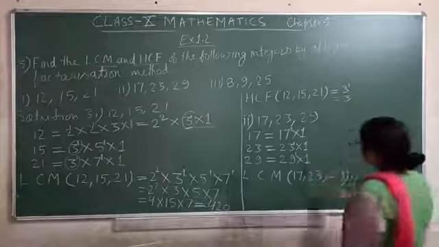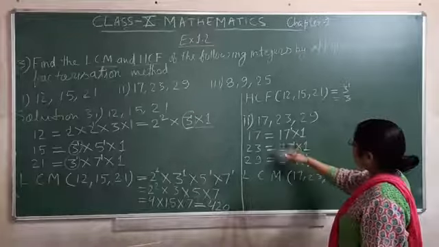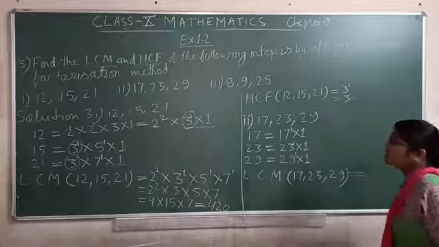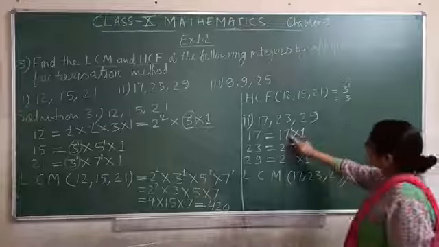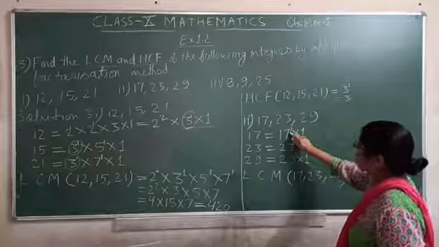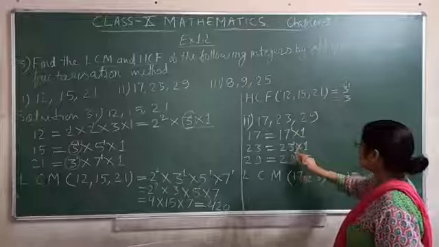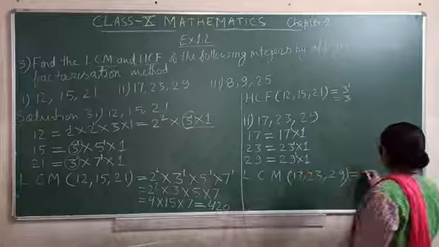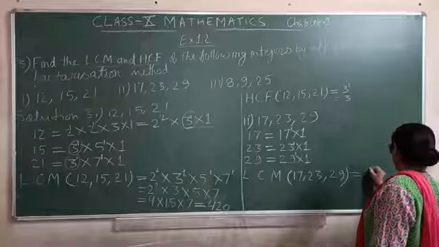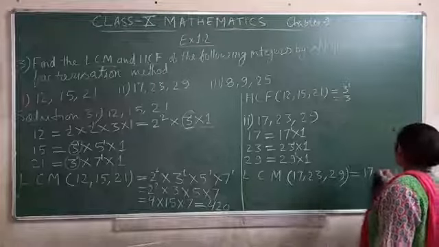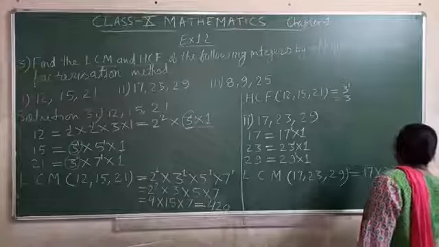So you have to write all the prime factors with the highest power, largest power. So here 17 is only once, so this is its highest power. 23 also only one time, so this is its highest power. 29 also only one time, so this is its highest power. You can write simply 17 into 23 into 29.